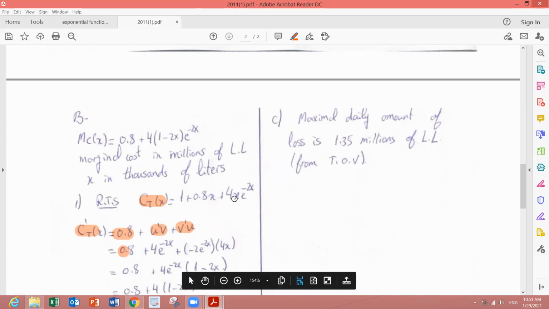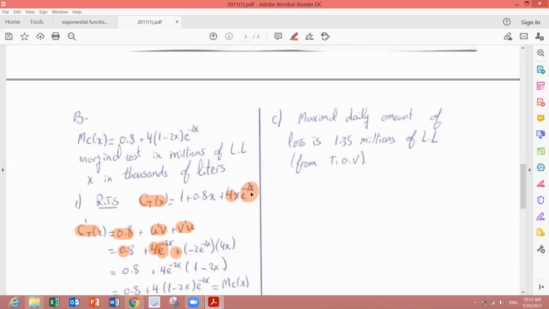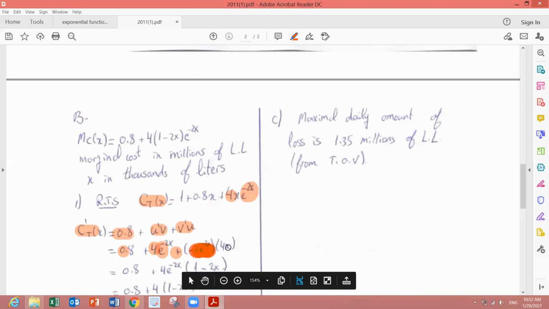Here u is 4x, u prime is 4. 4 times e power minus 2x plus, this is v, e to the minus 2x. v prime is minus 2e power minus 2x times 4x times u. The derivative of the exponential is minus 2e minus 2x, times 4x.